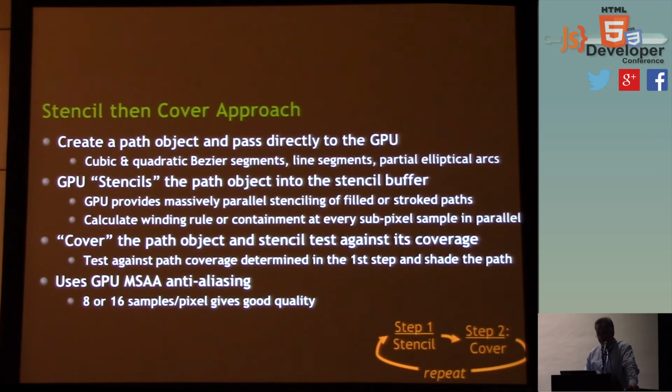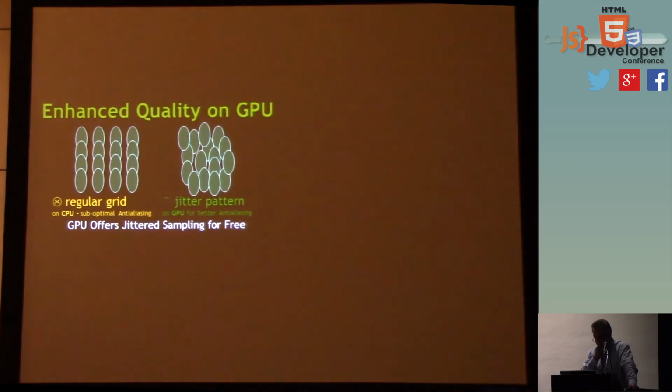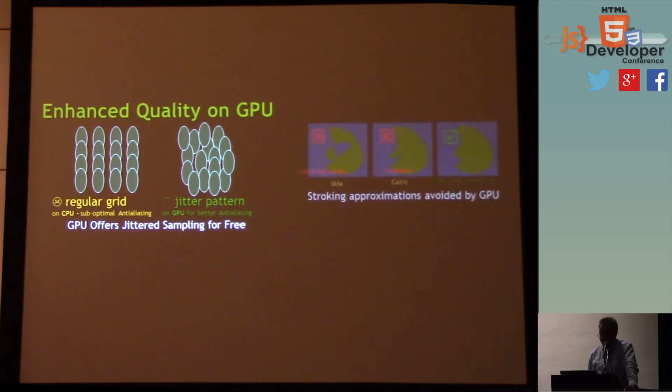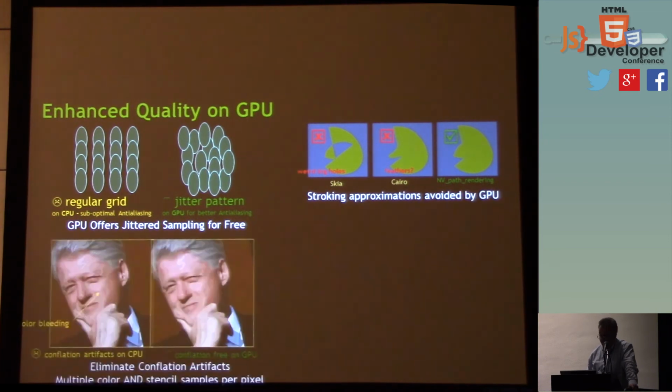We can use the GPU anti-aliasing, so we get 8 or 16 or higher, hardware anti-aliasing, so we get very high quality. So there are a number of advantages. The quality is significantly higher using the GPU. The GPU is built to do this kind of thing, so it's not surprising. For example, we offer jitter-sampled anti-aliasing for free. We're not having to make any approximations to the curve evaluation because we're just doing brute force, accurate evaluations of the curves in parallel.